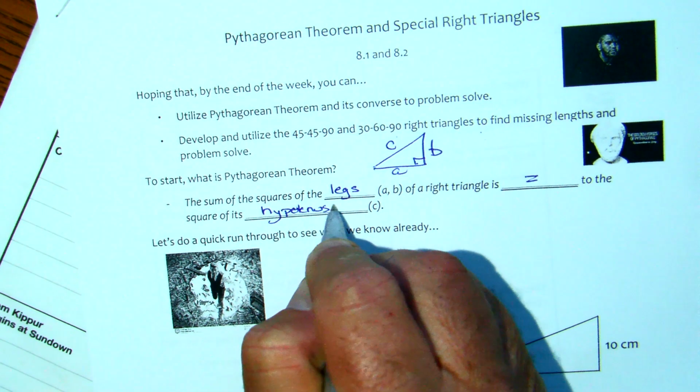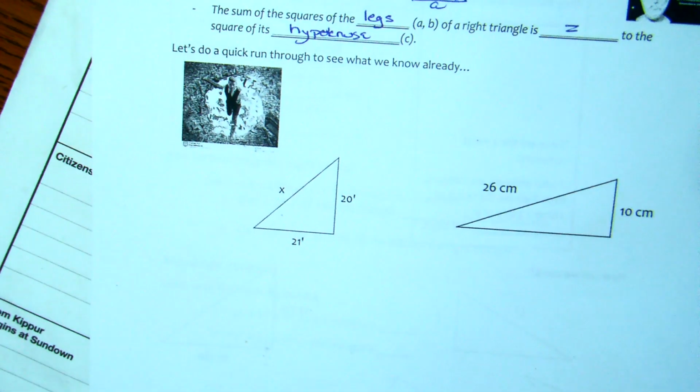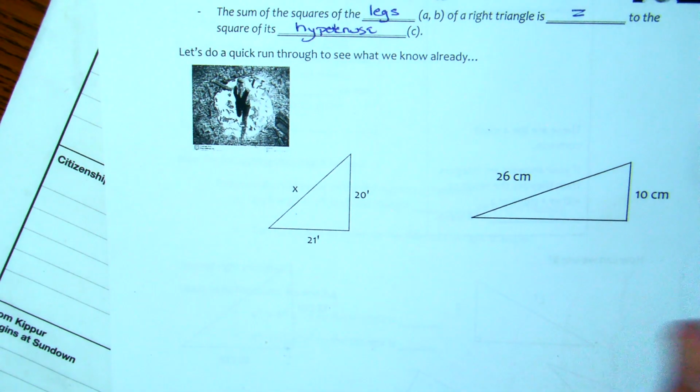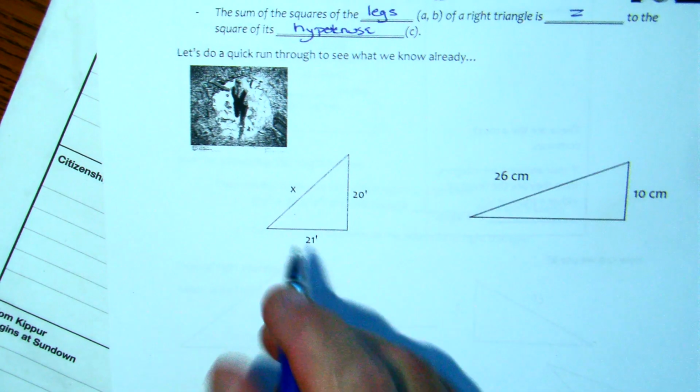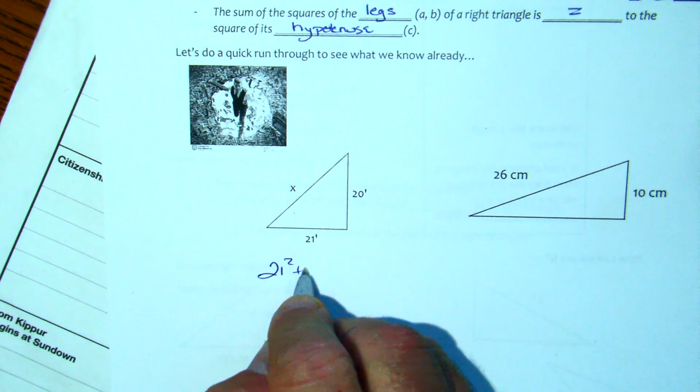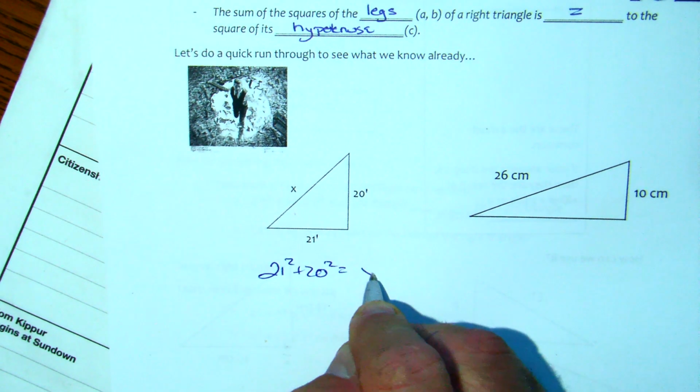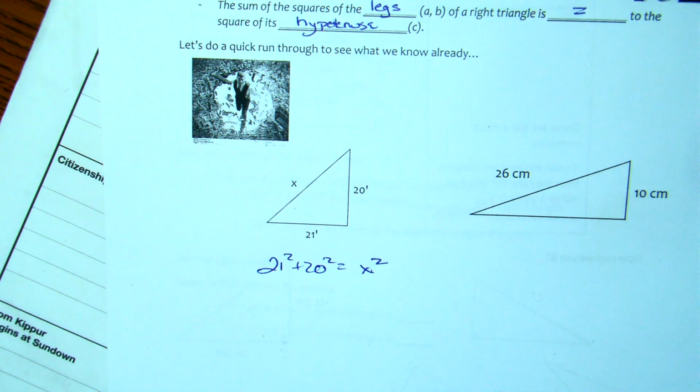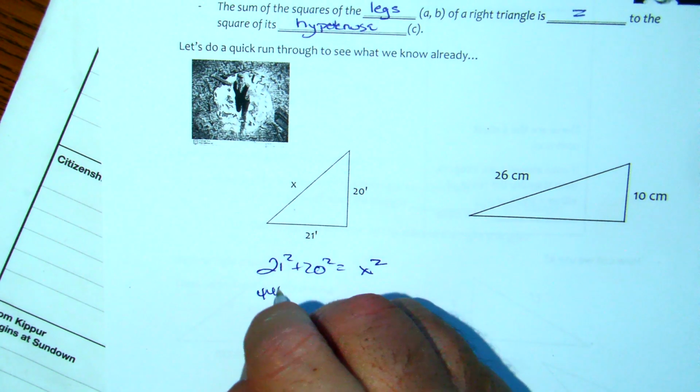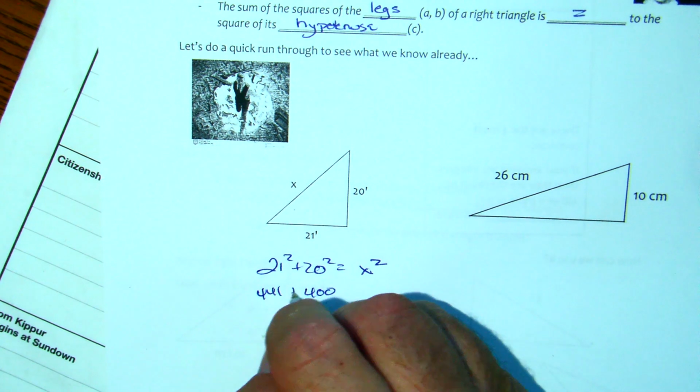Alright? So if we're looking at a right triangle in feet, as the one on the left is 20 feet and 21 feet, 21 squared plus 20 squared equals x squared. Alright, so they're giving us the two legs. So I square both of those numbers and add them. 21 squared is 441. 20 squared is 400.